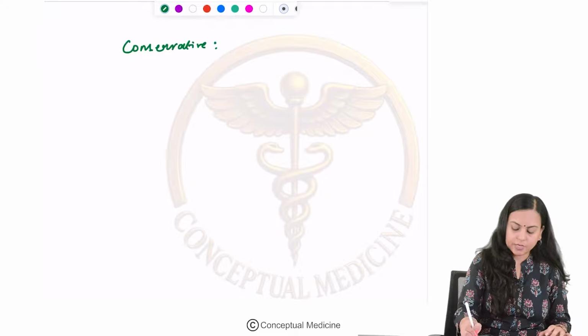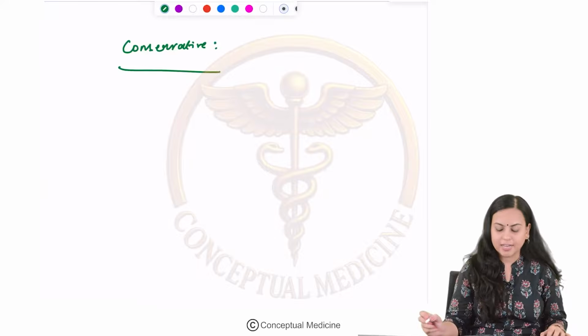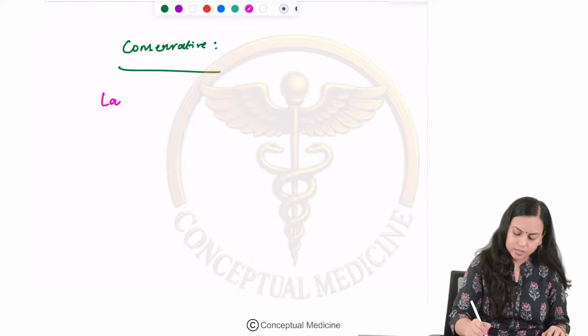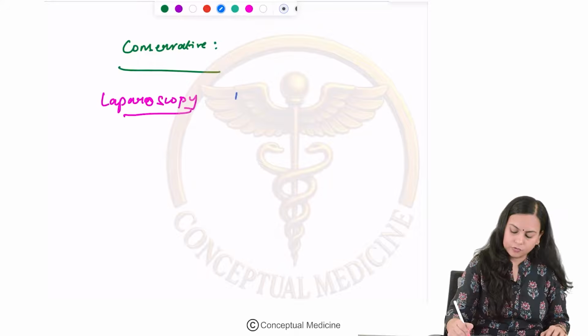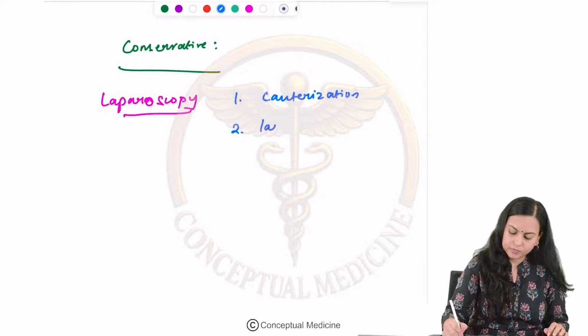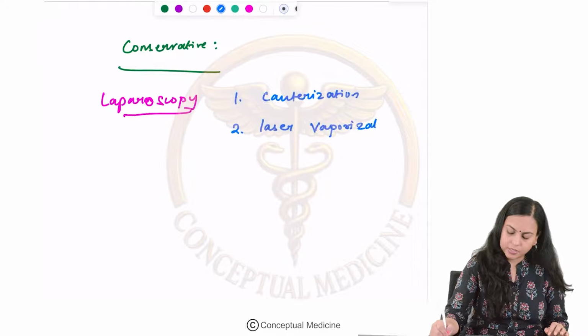Now let's see what are the conservative options of surgical management we can have. Okay, first one is, yes, we can offer her a laparoscopy. In laparoscopy we can go for cauterization of the lesion or a laser vaporization.